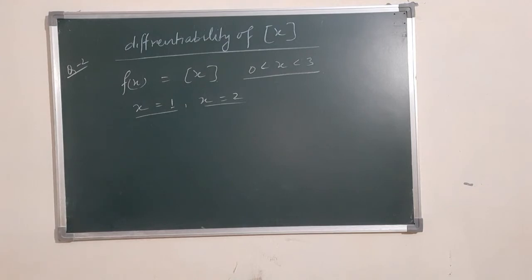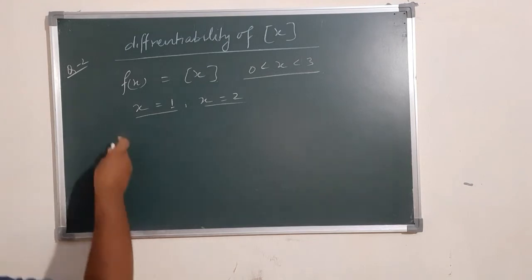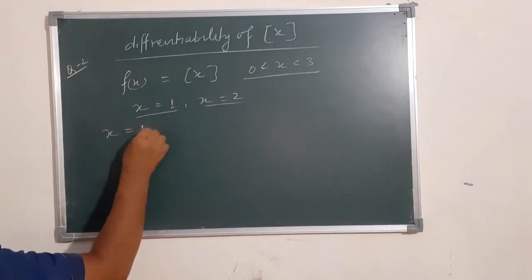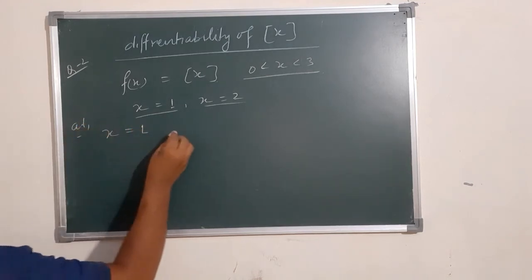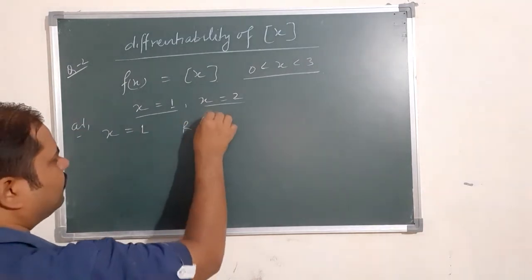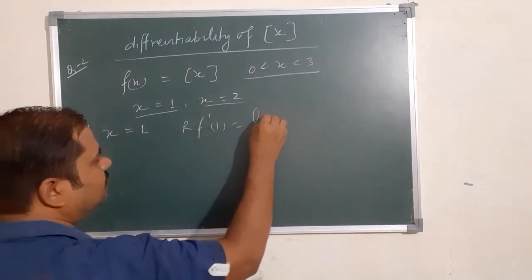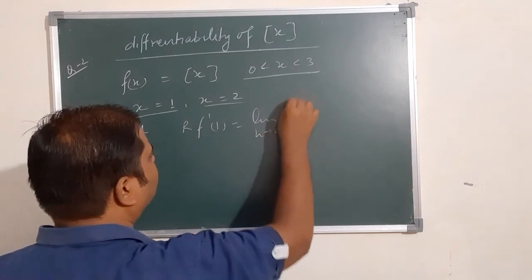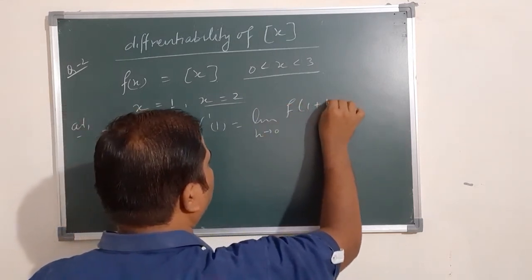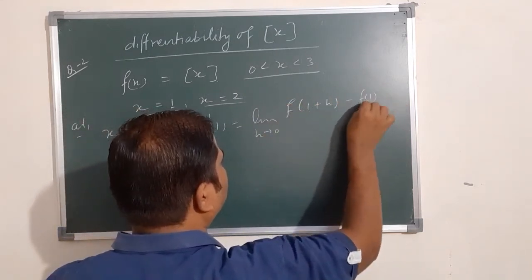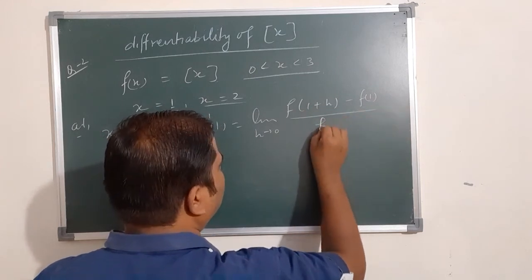So let us see. At x equal to 1, we are going to find RHD and LHD. RHD, Rf'(1), is the limit as h tends to 0 of f(1 plus h) minus f(1), divided by h.